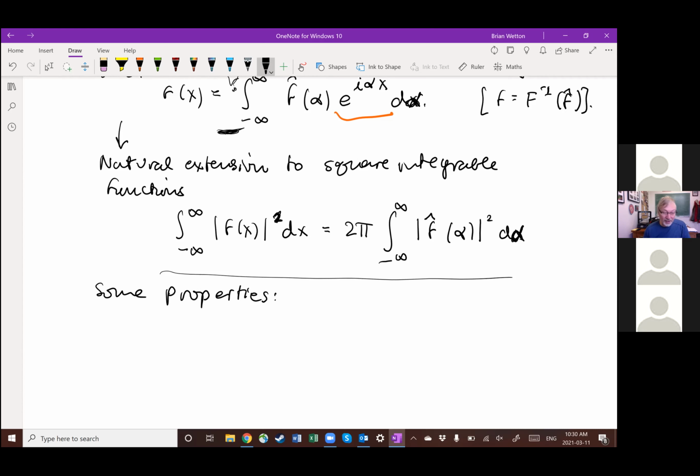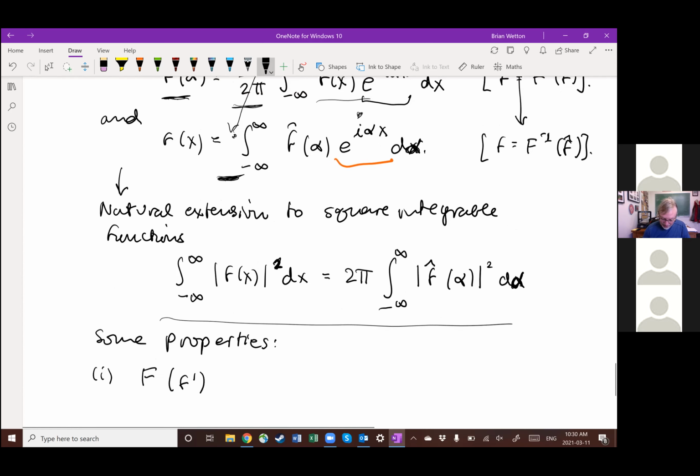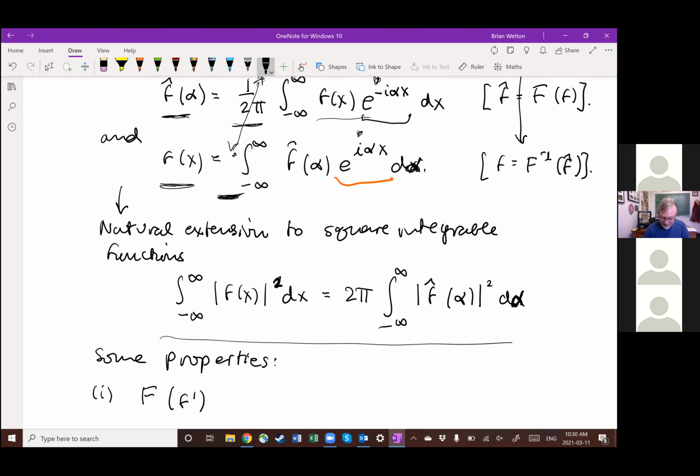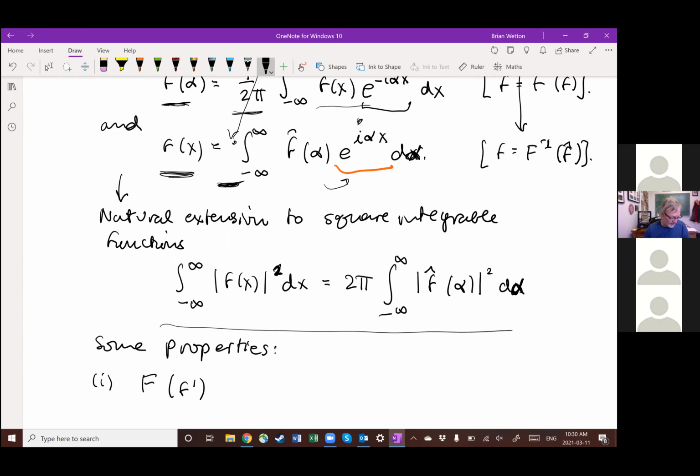Here's the most important one for us in a differential equation course, okay? So if I take the Fourier transform of the derivative of f, well, let's just pretend we could take the derivative here and the derivative also behaved well enough that I could take the derivative inside the integral. I would just get a factor of i alpha.